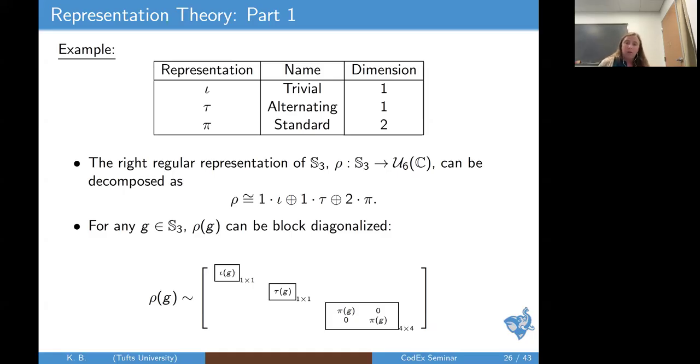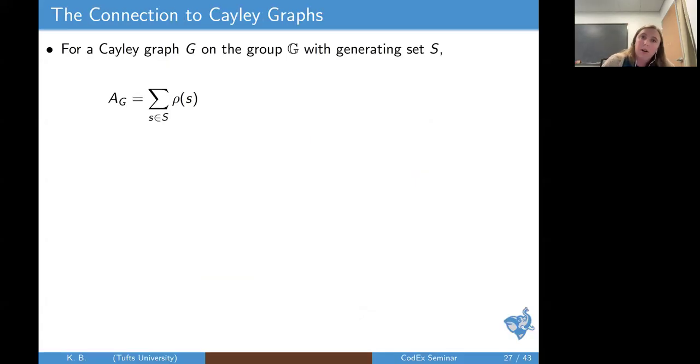So now, with all of this representation theory, this right regular representation, how does this connect back to Cayley graphs? Well, for a Cayley graph on the group G with our generating set S, it turns out that if we think about the adjacency matrix of the Cayley graph, we can write it as a sum over all of our generating set elements s of our right regular representation rho evaluated at s.